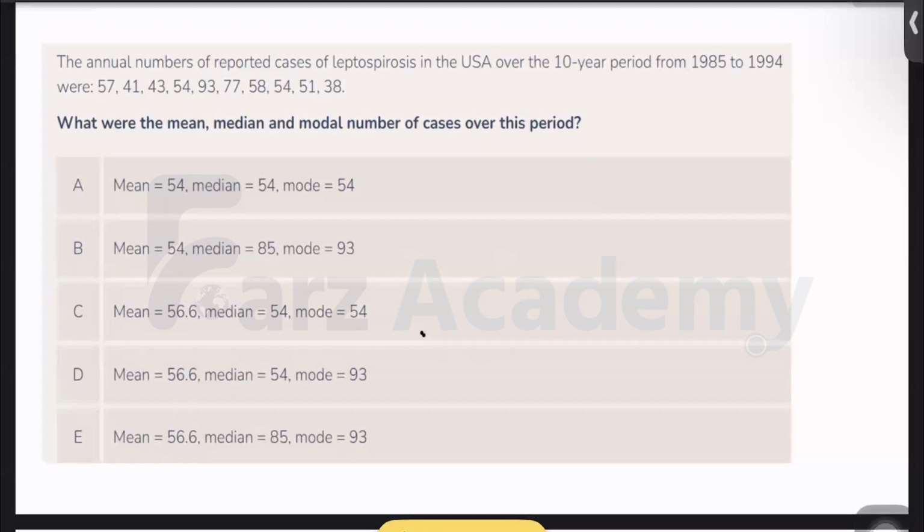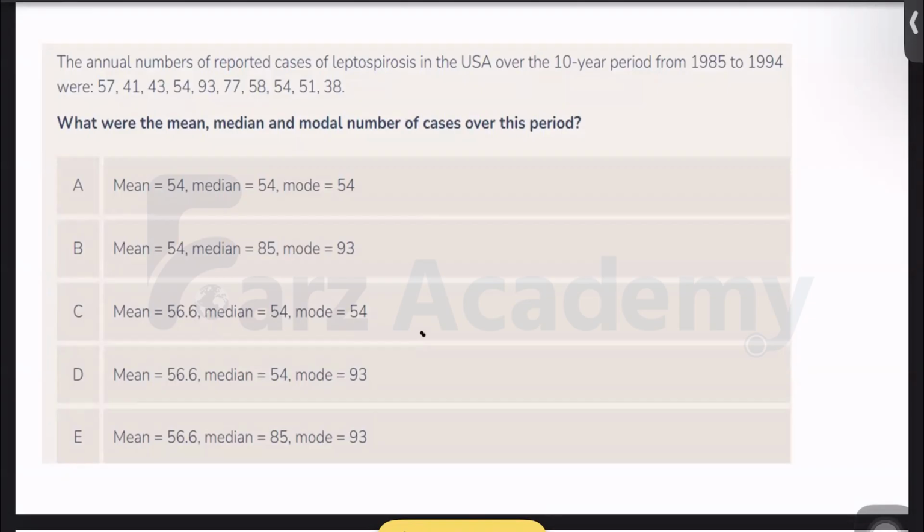Mean, median, mode. Come on, calculate. So what is the mode here? 54, no? 54. Yes. Median is the middle value from arranging the numbers.